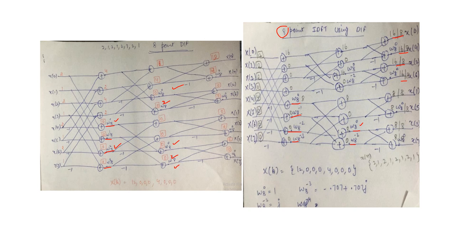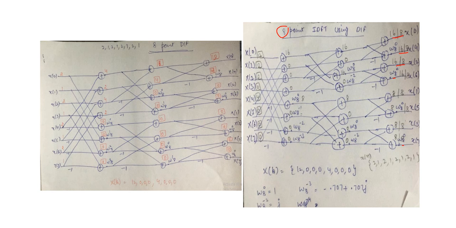At the last stage W8^0 or W8^-0 remains the same, so we write W8^0 only. You can write W8^-0, no problem. This is the difference between the simple DFT and IDFT butterfly diagrams.